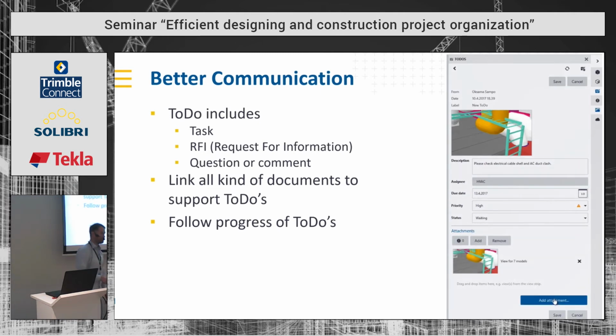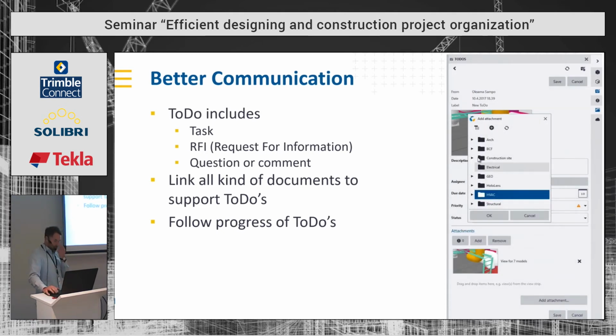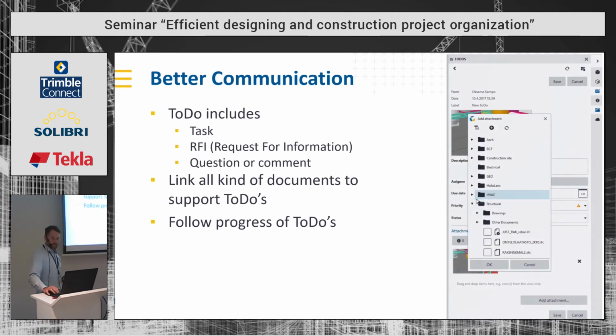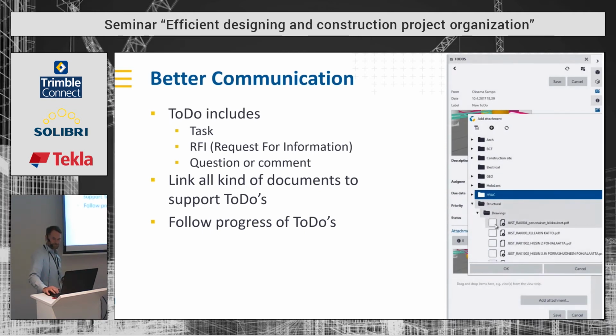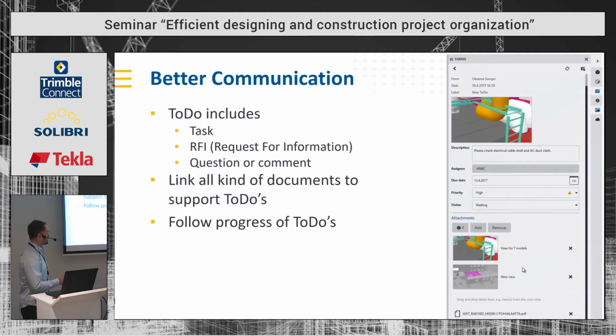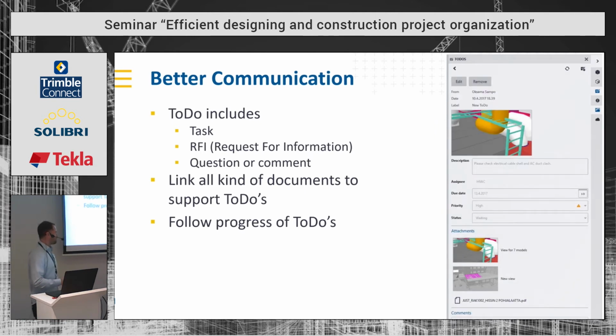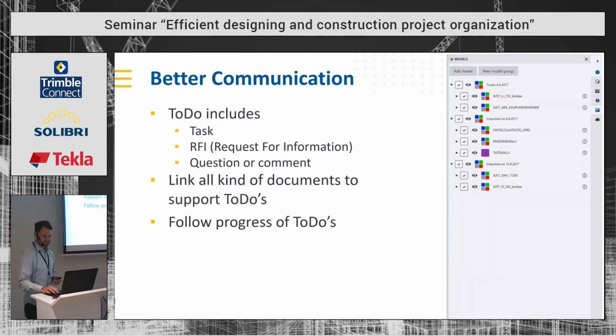So we can make sure that everything in our project is done by the due date. Here I'm now adding a couple of PDF drawings also to this one. Like that. And then of course I assign this one, for example, to the HVAC team, and then they can use these views to open the model or open the drawings also.